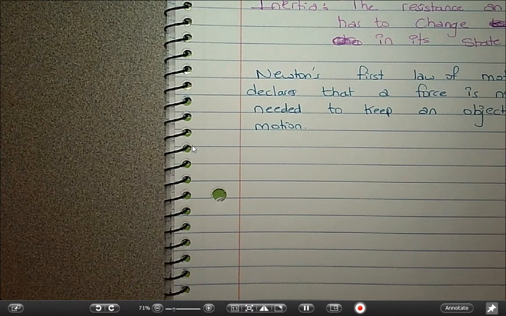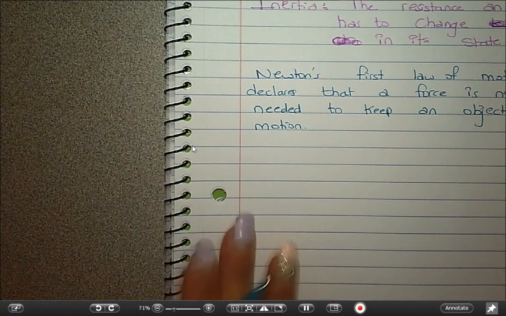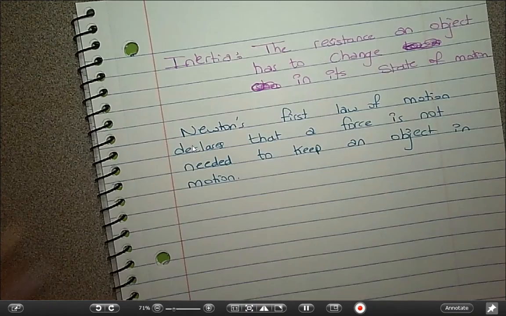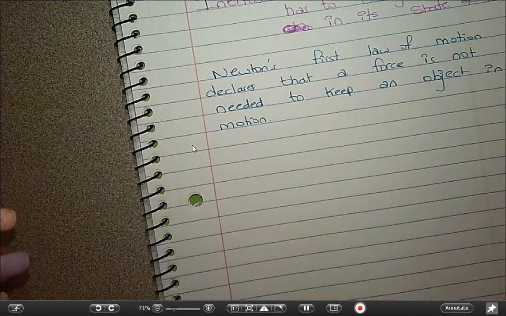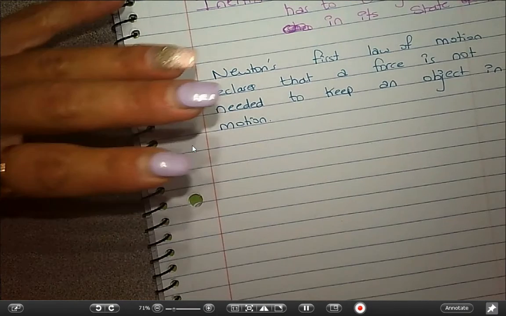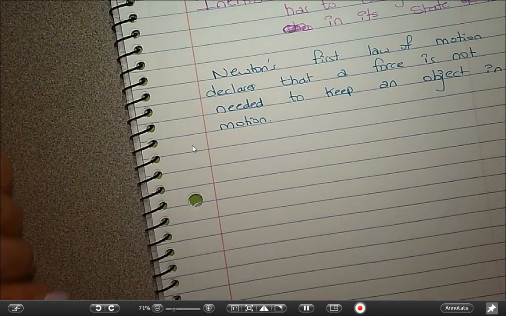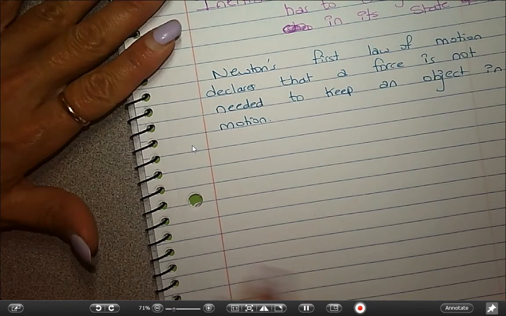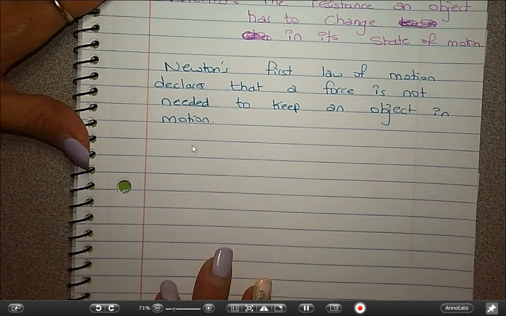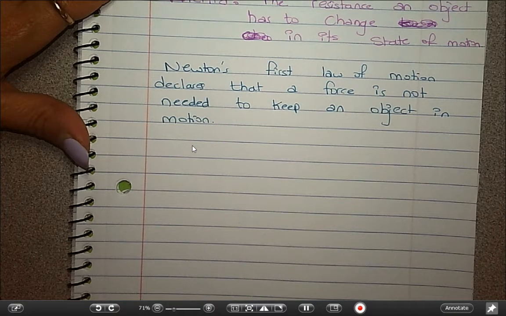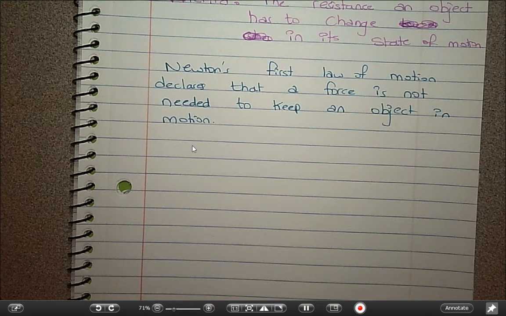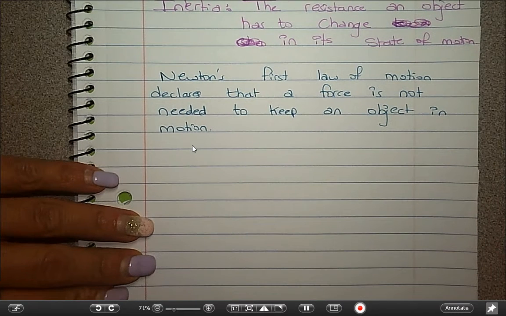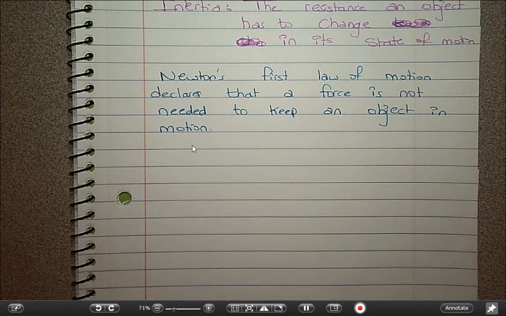So in other words, if I slide this book, I pushed it, but even though I was not giving it any more push, it stopped a while after I stopped the force on that book. Okay, so the book actually started at rest, and then it slid. So there was no force needed to keep an object in the same motion.